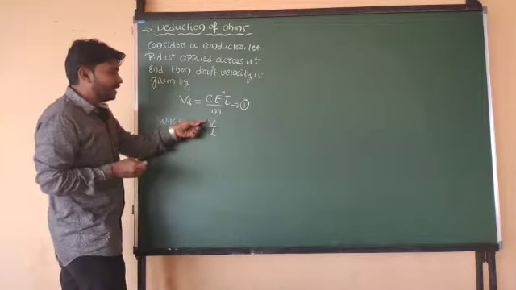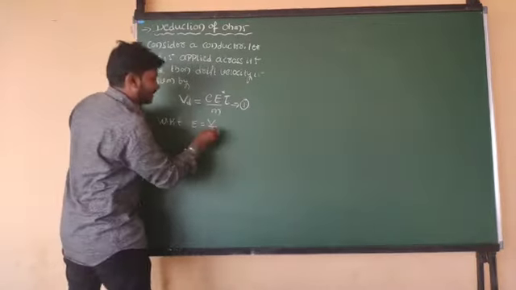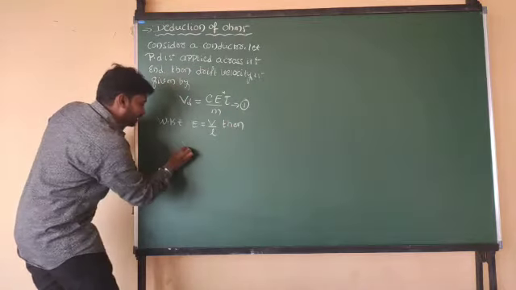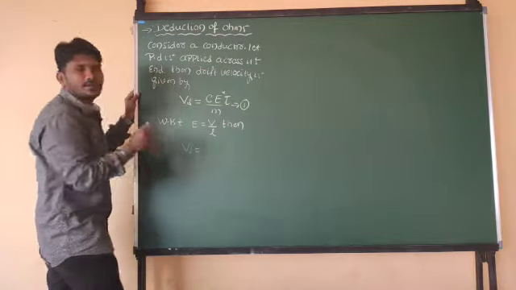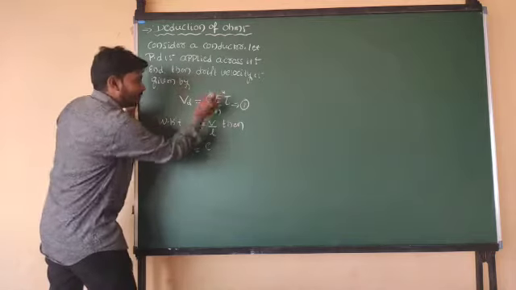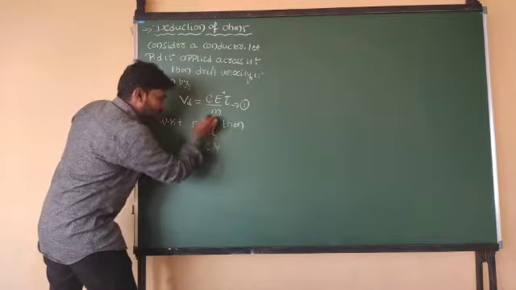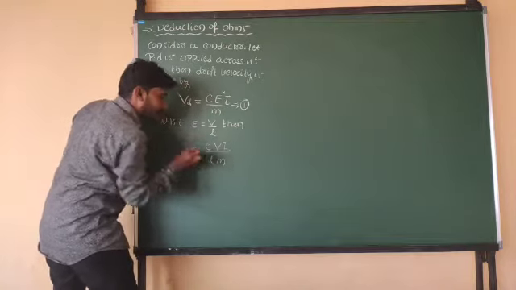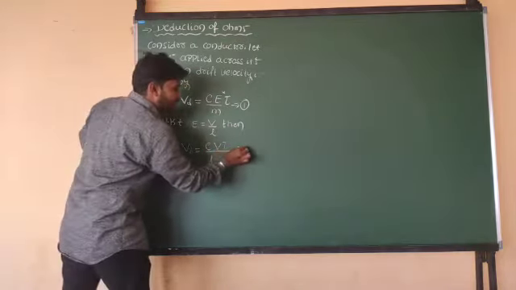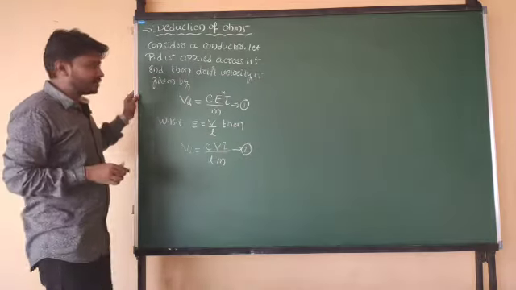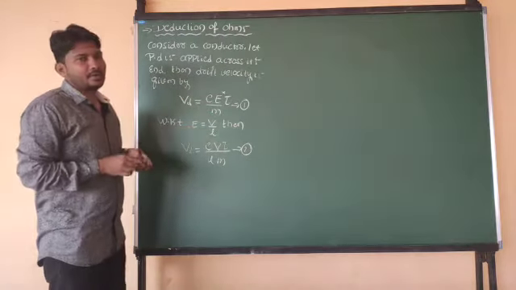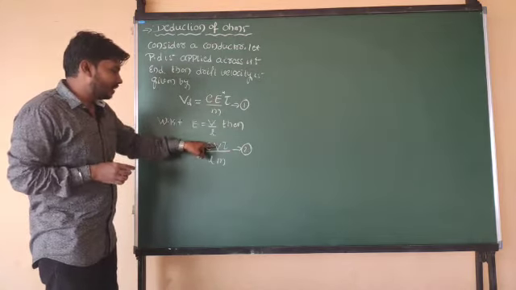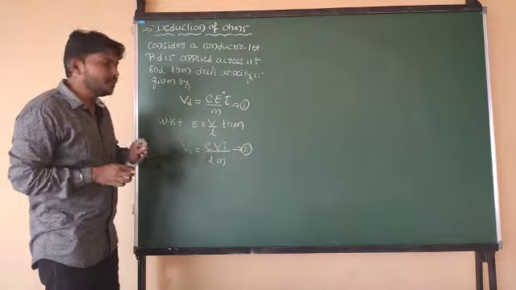Then equation 1, I will rewrite in another form: V of D is equal to E, where E means V divided by L, into tau into m. I will name this equation 2. I hope you understand the relation between field and potential. From that concept I got E is equal to V by L. Instead of E I will take V by L here.